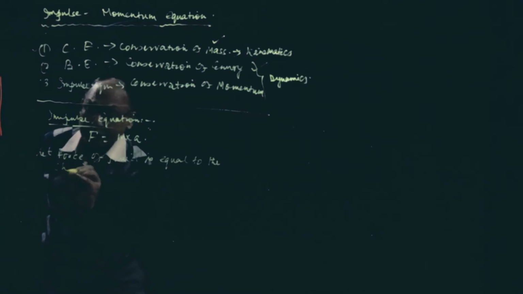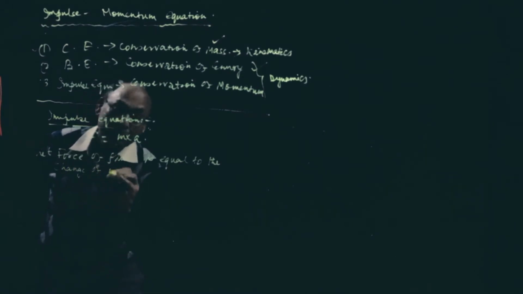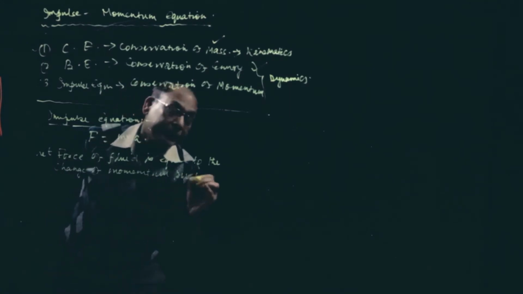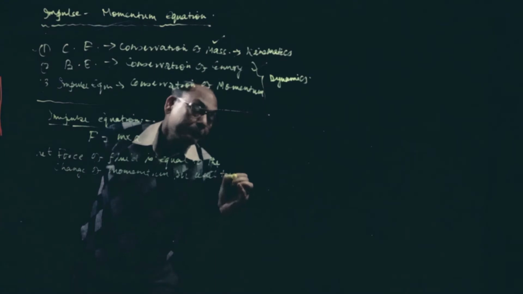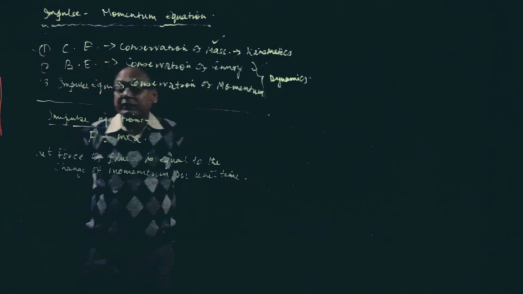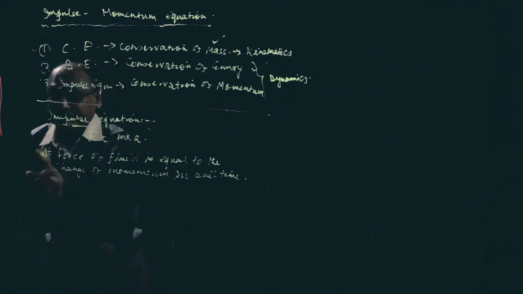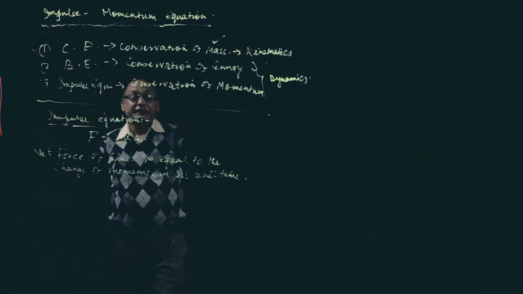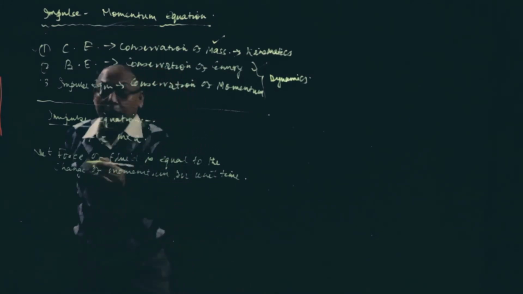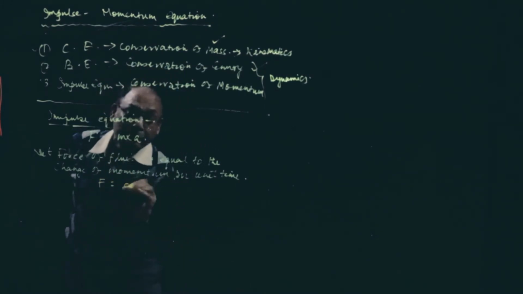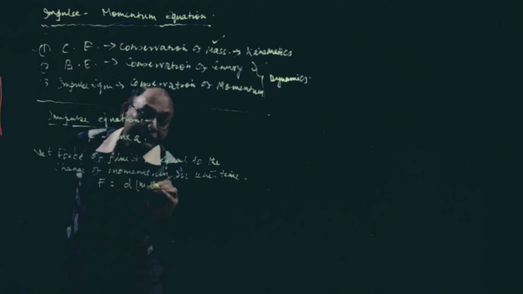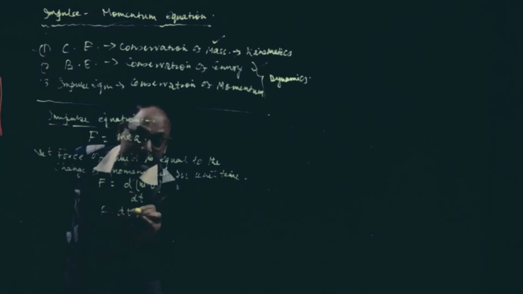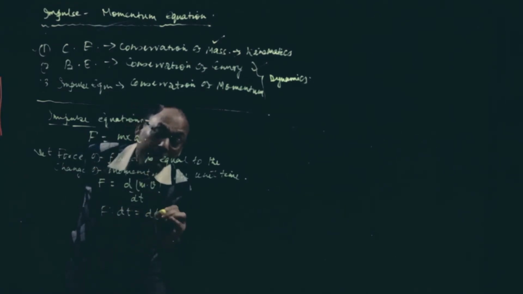The statement is that the net force of the fluid is equal to the change of momentum per unit time. So force is the rate of change of momentum, d(mv) by dt, where momentum is mass into velocity. So F dt is equal to d(mv).